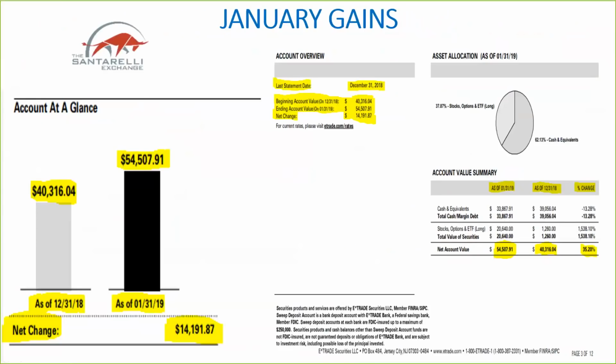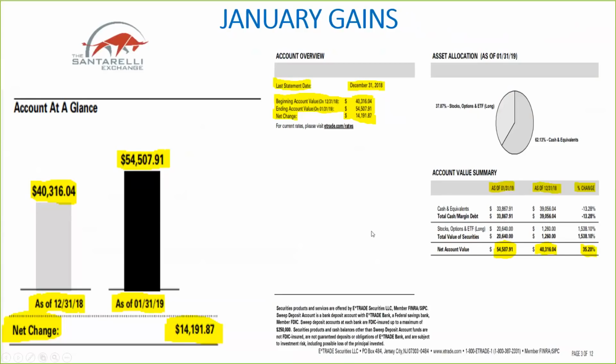And then for the month of January, we took that $40,316.04 as of December 31st of 18, and then as of January 31st of 2019, it's worth $54,507.91, a 35.2% return for the month of January.